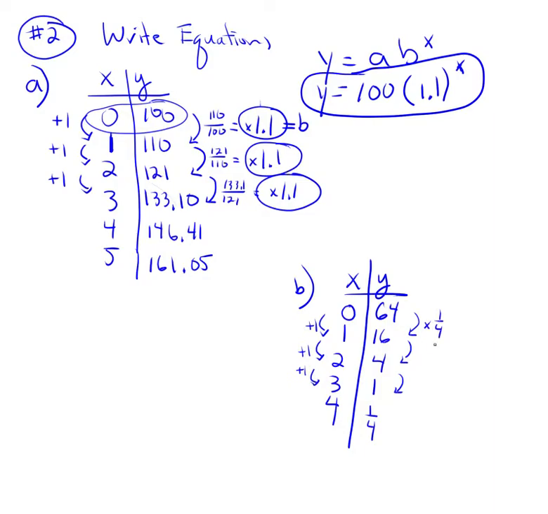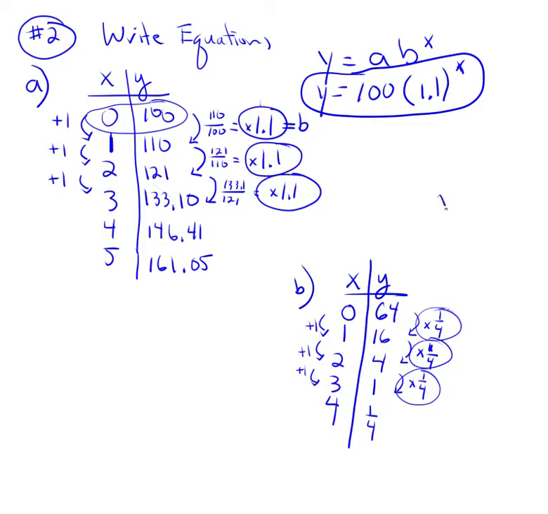Now don't think of it as a divide by 4, because remember, when we're writing our equation, we need our multiplier. So these are our multipliers. I like to put in that times to help me realize that it's not a minus or a plus 1/4. It's a multiplier.